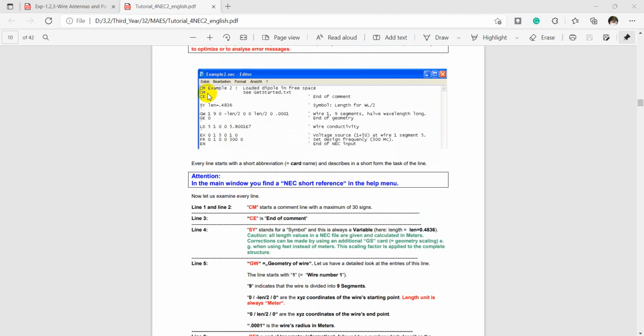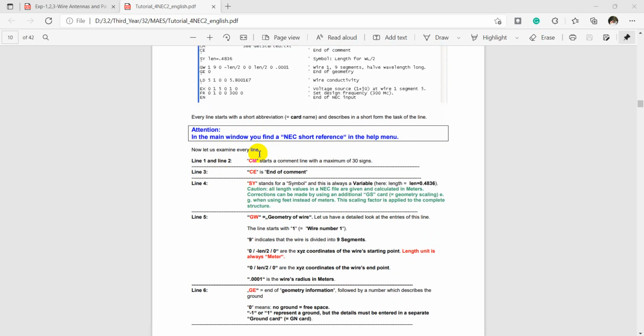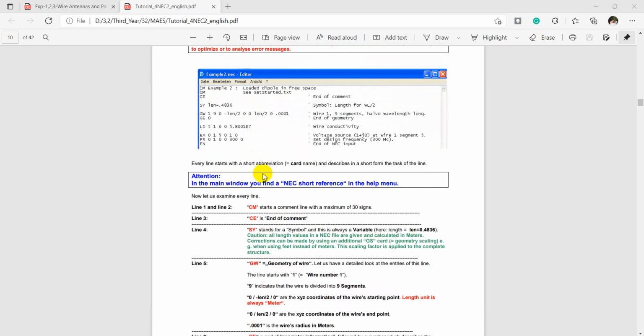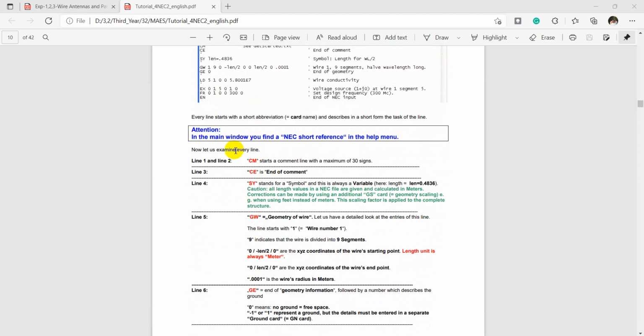Here you can see CM, CE, SY, GW, GE, LD, EX, FR and EN. If you closely look at the next window of this editor pad, you can see there is a meaningful abbreviation.